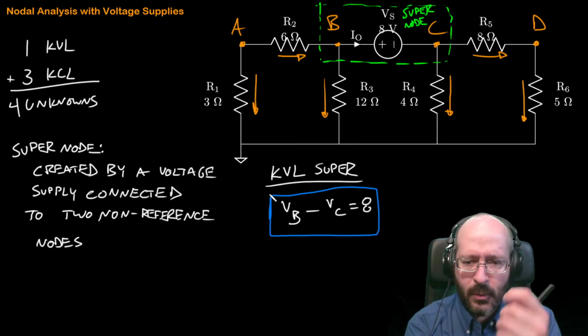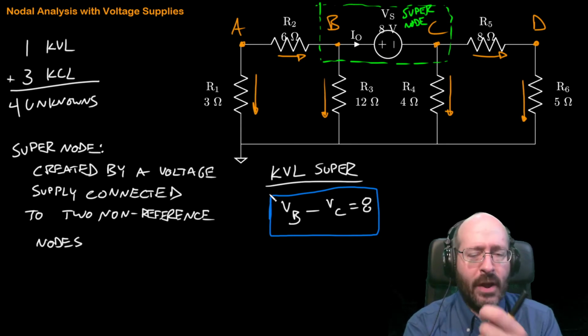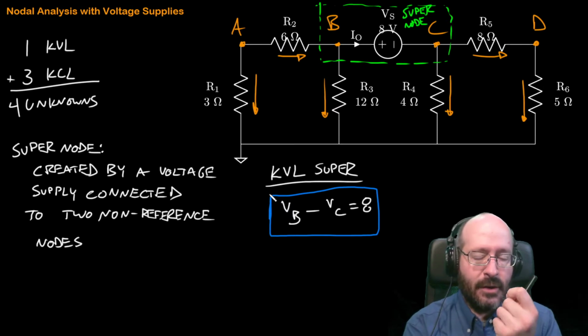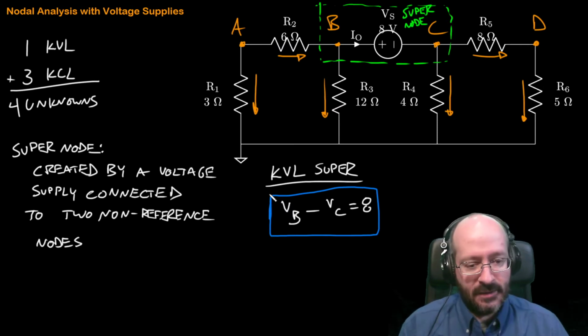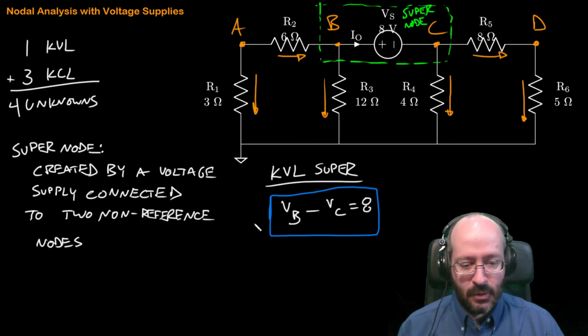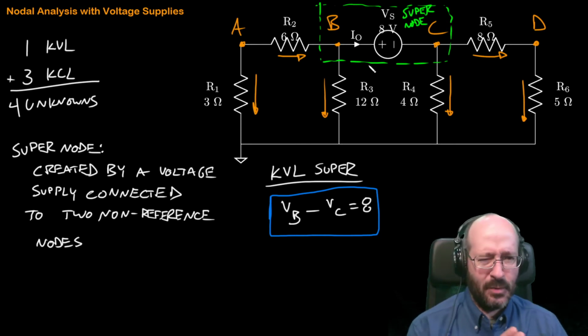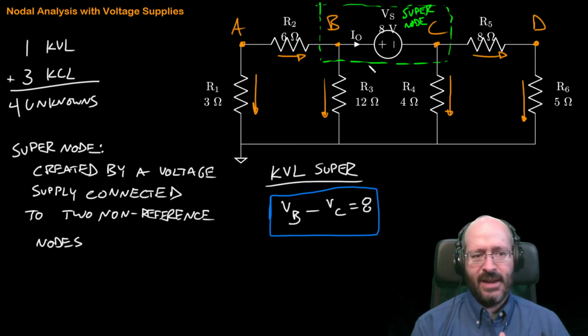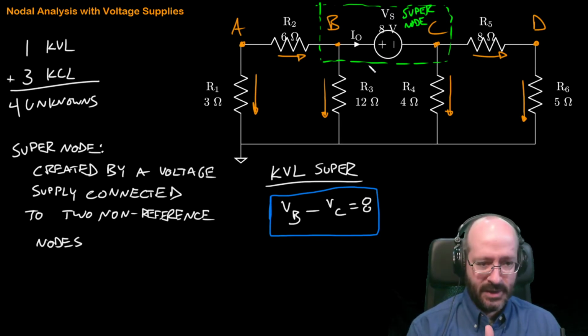And we got to look at where we write these KCLs. Right now, without more information, we can't write a KCL for any node that is connected to a voltage supply. Same problem with mesh, where we couldn't write a KVL for a loop that had a current supply in it.